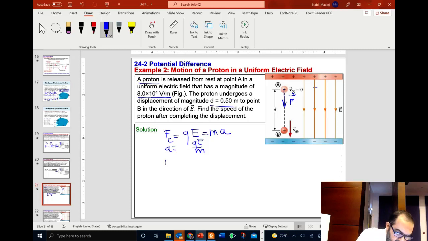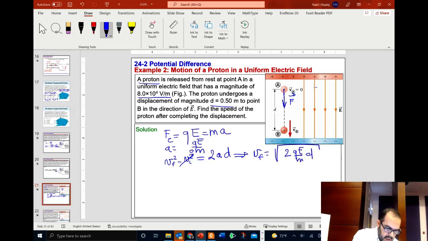We can write V final squared minus V initial squared is equal to 2 times a times the distance d. Since V initial is 0, we can solve for V final. It's equal to the square root of 2 times a times d. So a is QE divided by m, so that's the square root of 2QE divided by m times d. Okay, this is one method.